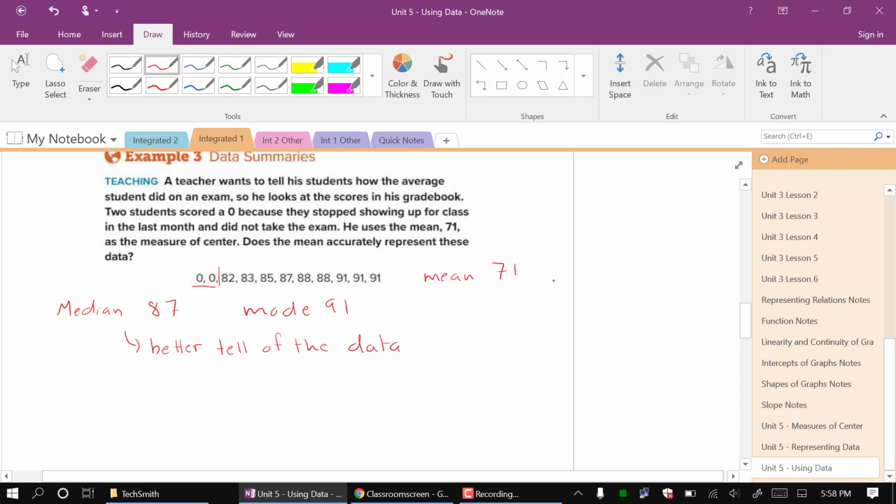The mode is not good because of the zeros, and the mode is not good because it's the most common score.